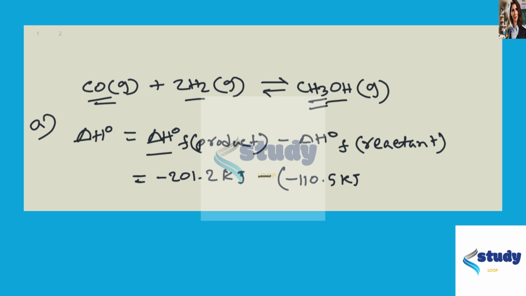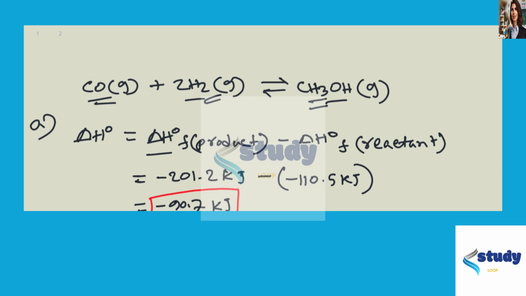And for hydrogen, the value will be zero, because in the standard states, for all the elements, the del H naught for the formation value is zero. So our reaction equation will be like this, and from here we'll get a value of minus 90.7 kilojoule. So this is the value of the del H naught for this reaction.